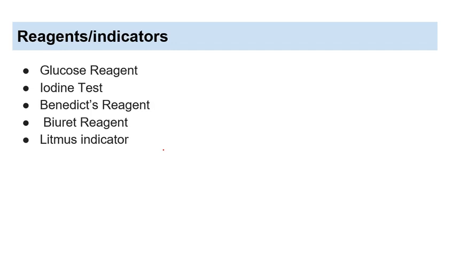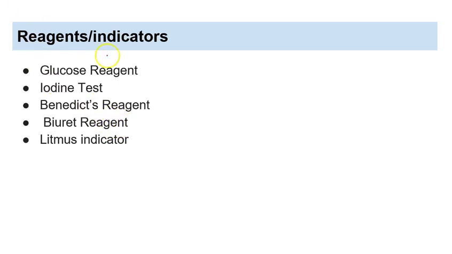Okay, and also during our physiology lab, we use different reagents and indicators. We use glucose reagent, iodine test or reagent, Benedict's reagent, biuret reagent, and litmus indicator. It's super important to know which factor or molecule each reagent indicates, and what the positive or negative test is for each of these indicators or reagents.